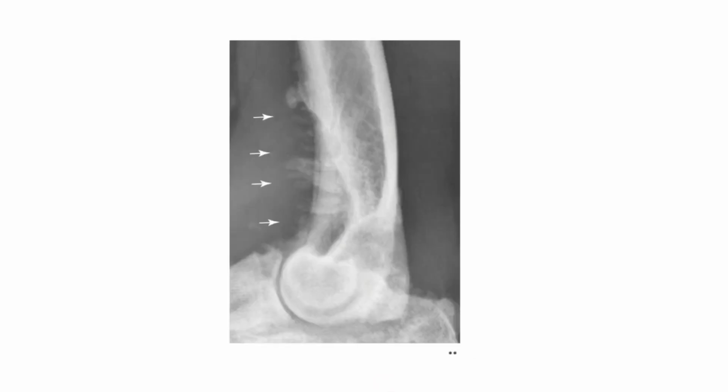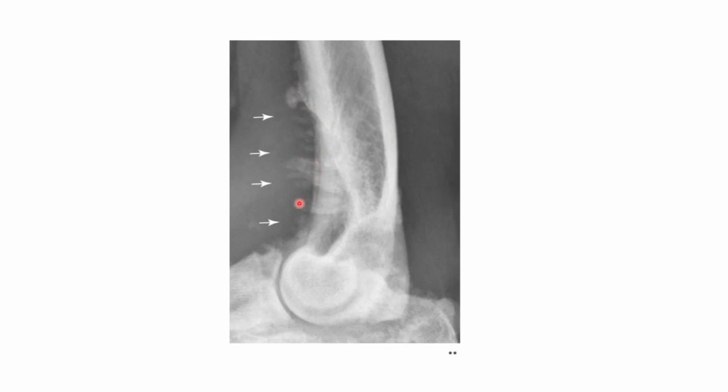Here we've got a mediolateral view of the distal humerus of a dog, and what we can see on the cranial aspect of the distal humerus is this very irregular periosteal reaction. Hopefully you can appreciate that this periosteum is raised, and there are multiple focal areas of raised periosteum that almost look like little columns.